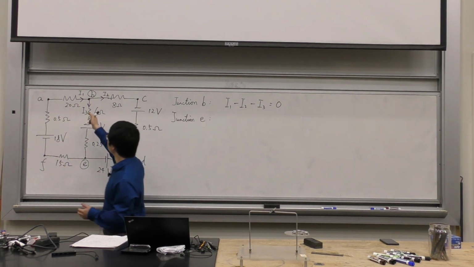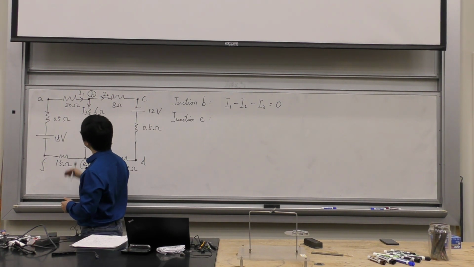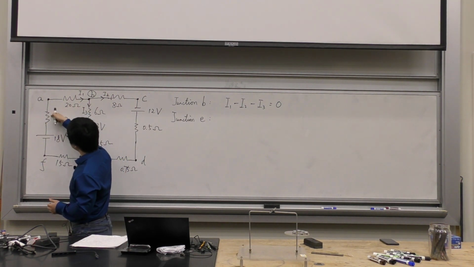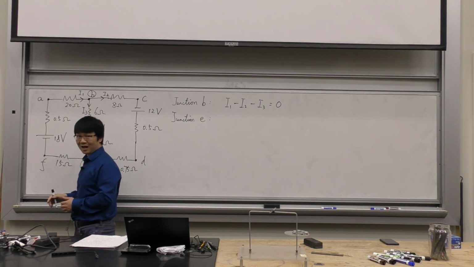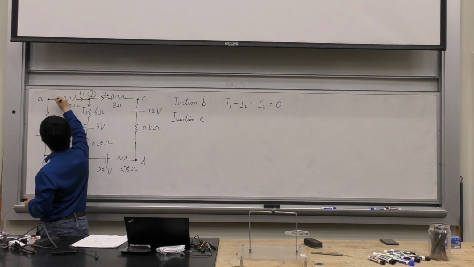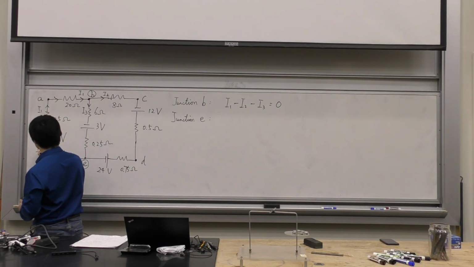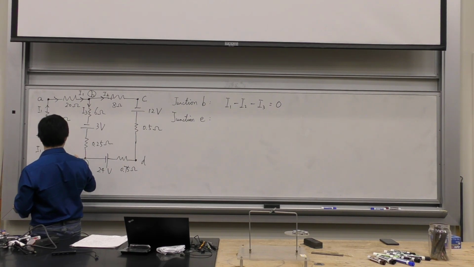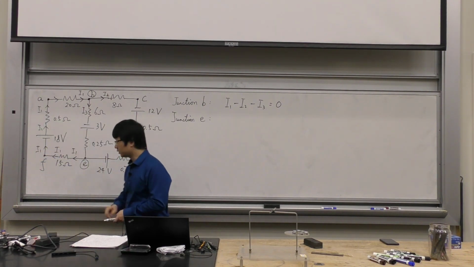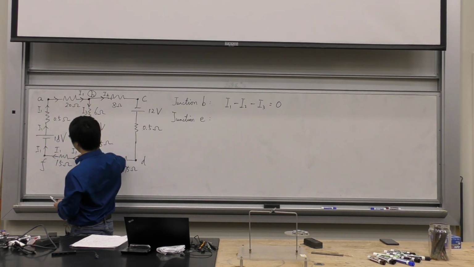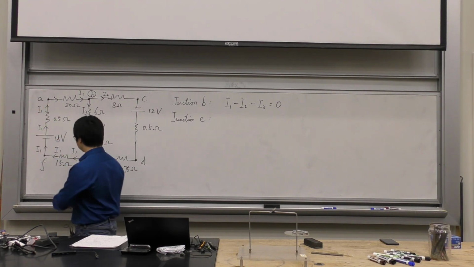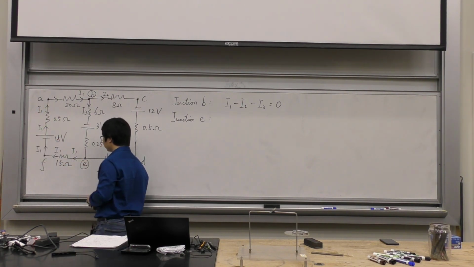When you connect this circuit in real life, you just connect this to this, to this, in one path. So this is the same path. This is I1, the same I1. This is one branch, so you see that this current is going to be I1.